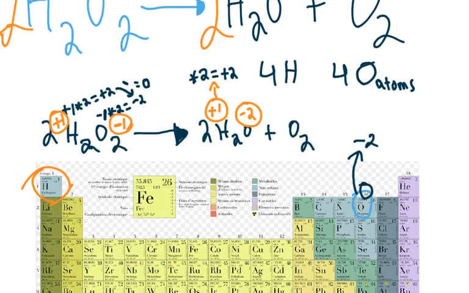Again, we're excluding the coefficient for now. Okay, and then we only have 1 oxygen, so we're only going to have a -2 charge. So if we subtract our +2 from our -2, it's going to yield a neutral oxidation number of 0 as a whole, right? We don't see any net charge on H2O because it's water. So we need a total sum of 0, and we got that from +2 -2.